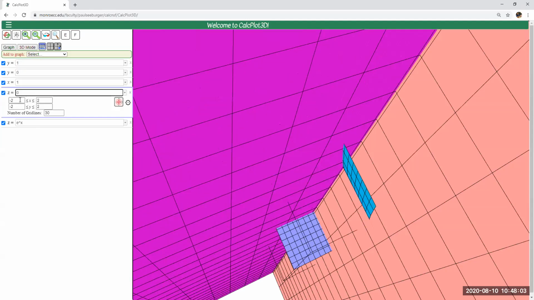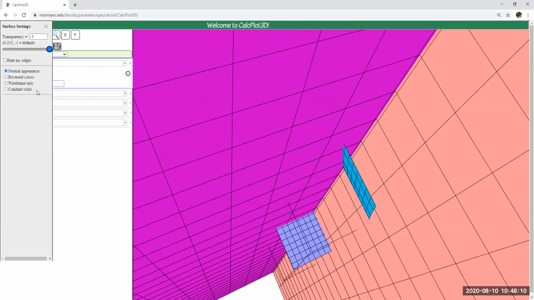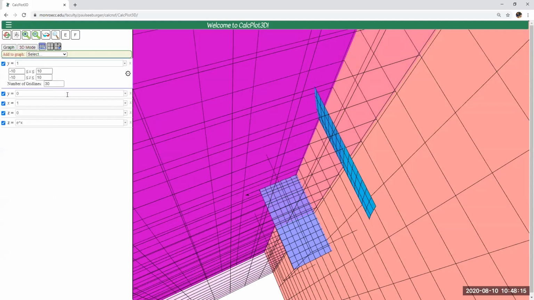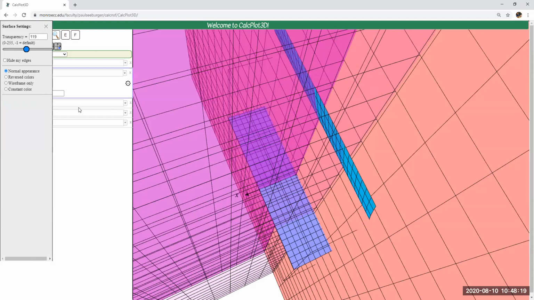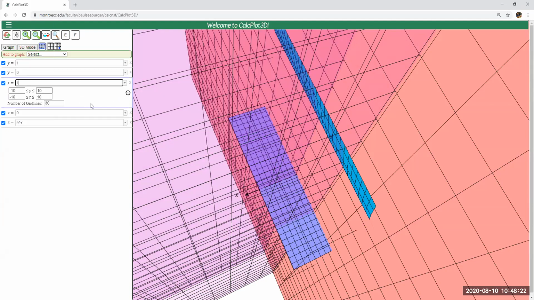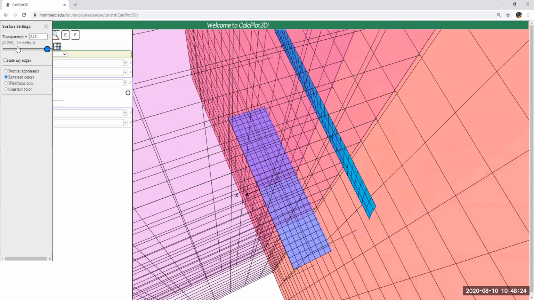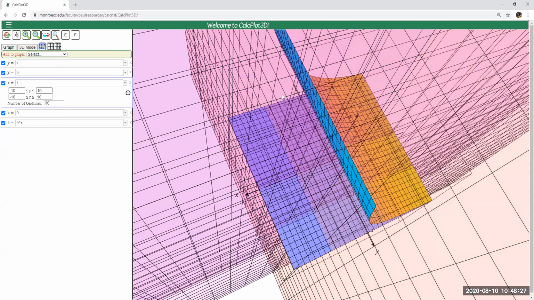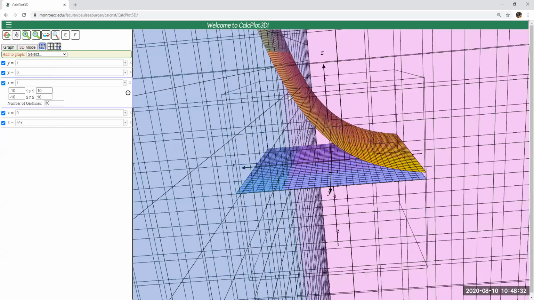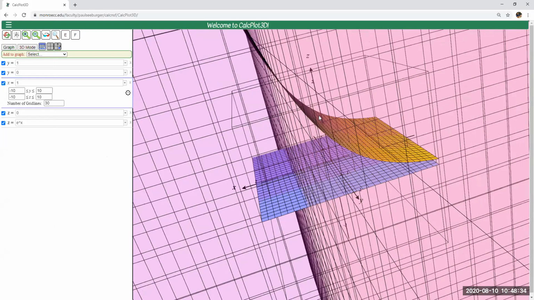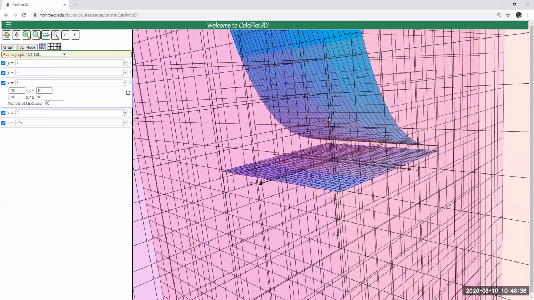I would change the transparencies to see something. Maybe if I bring transparencies down, it might be easier to see what we are doing. Okay, it's really hard to see anyway, but you might be able to see there is some region bounded between all these planes.